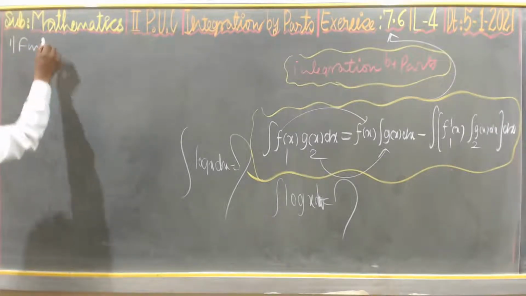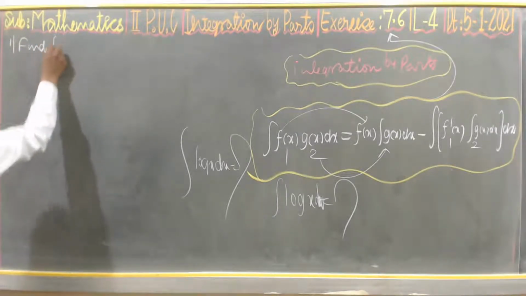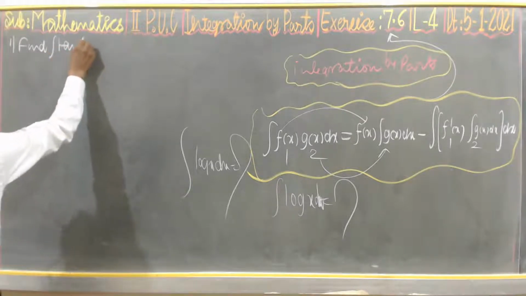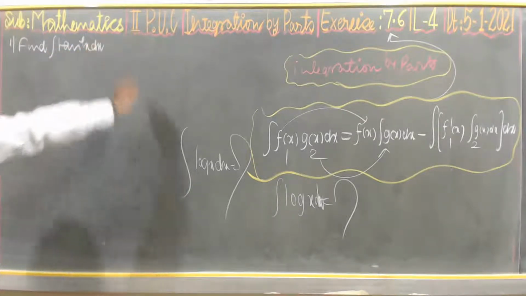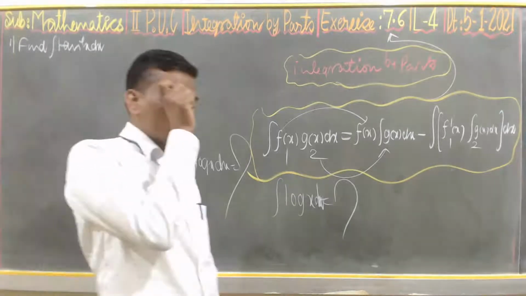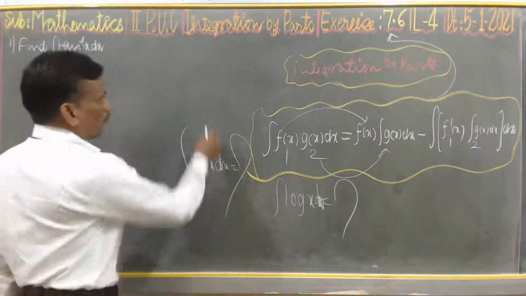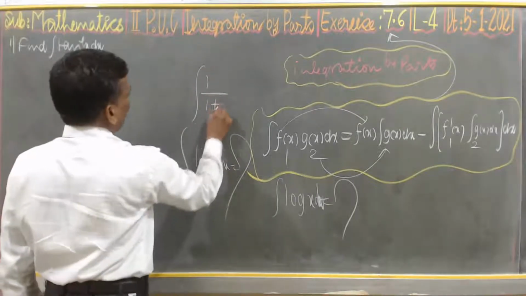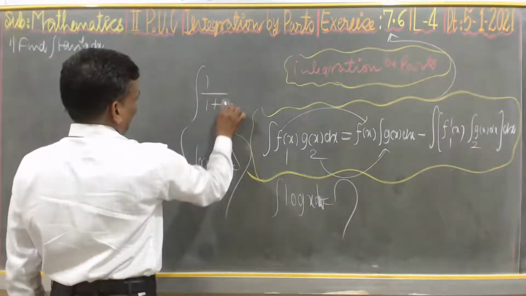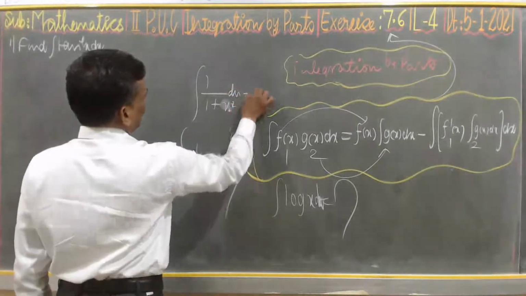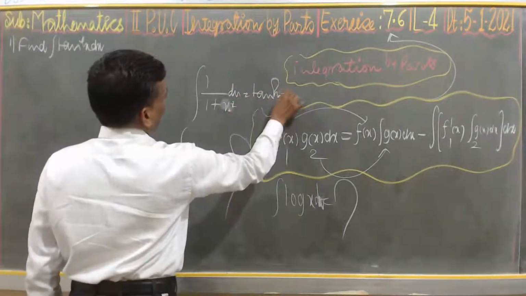Similarly, there is the next example, today's first example. I am going to write it, and afterward we are going to discuss. The example is the integration of tan inverse x dx. Is there anywhere we have calculated this? Don't get confused. The integration of 1 divided by 1 plus x square dx is tan inverse x plus c.